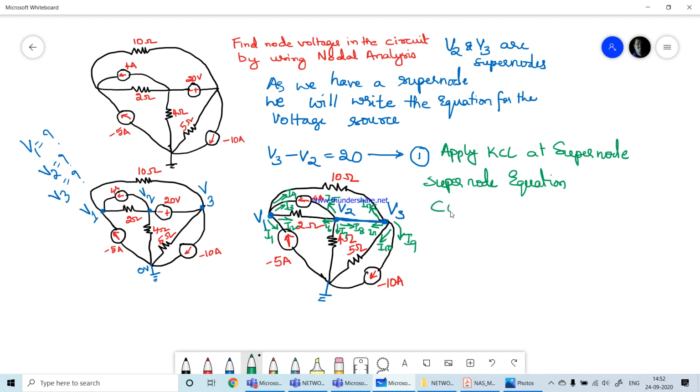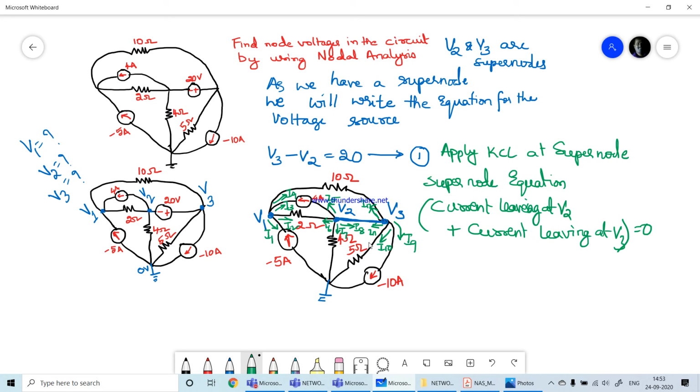So the addition of both will be equal to 0. This is the super node equation.